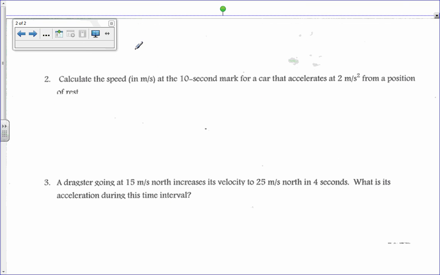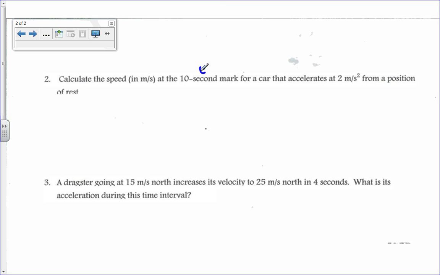Now on number 2, calculate the speed in meters per second at the 10-second mark for a car that accelerates at 2 meters per second from a position of rest. So you are looking for final velocity here.